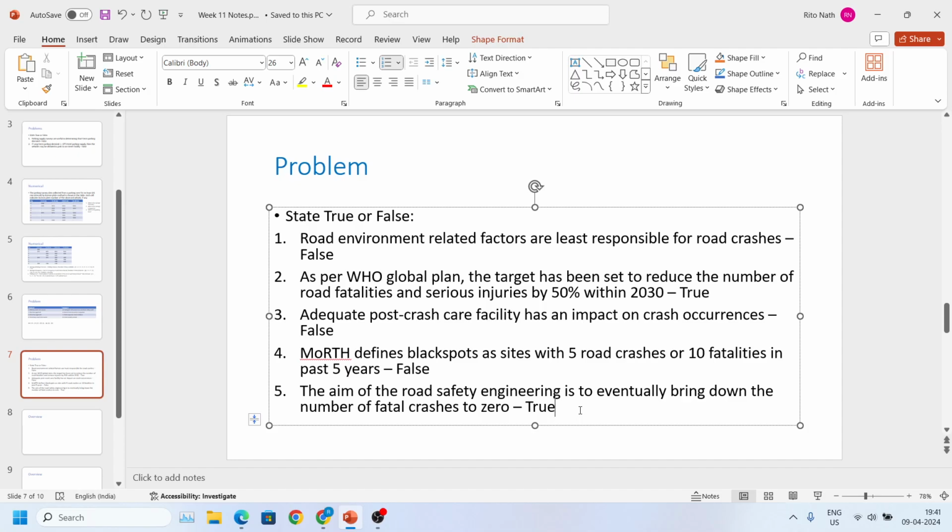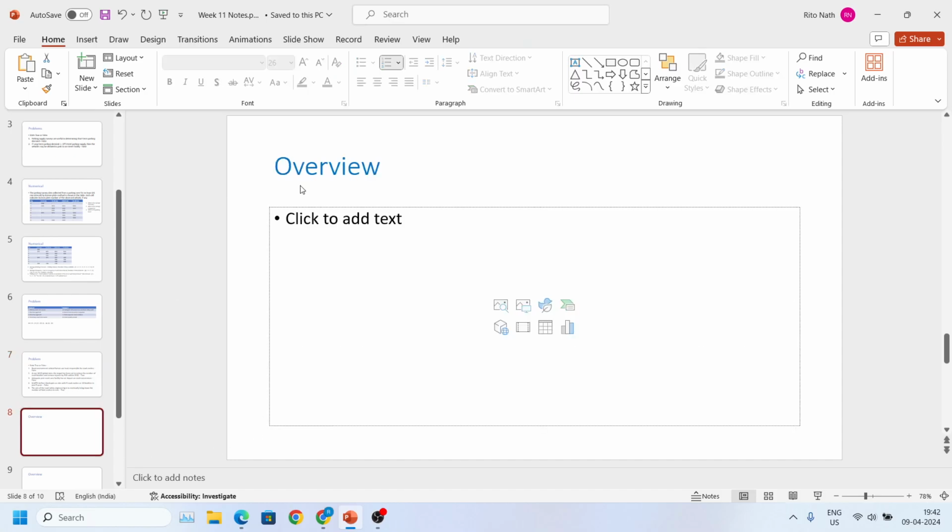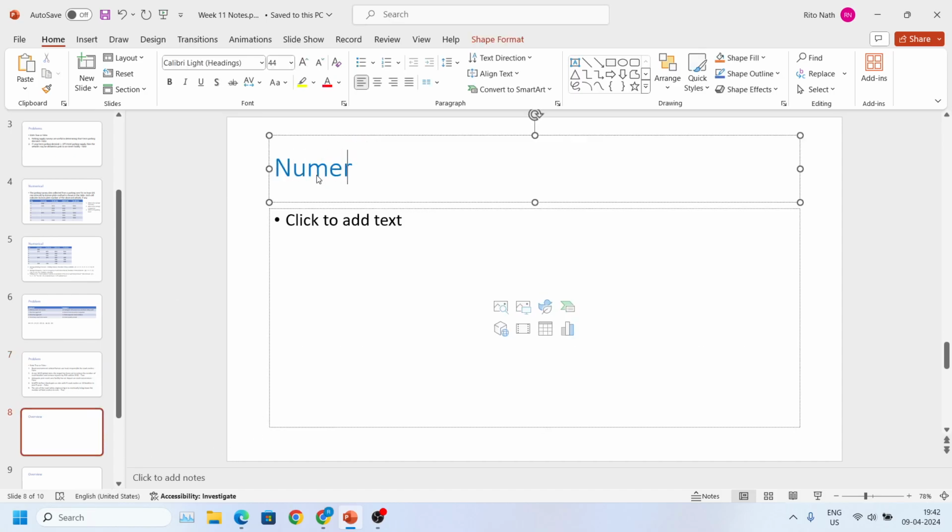So this is straightforward. Now let's move to another numerical, and this is related to on-street parking. Let's solve that in the next slide. First I'll give you the data.